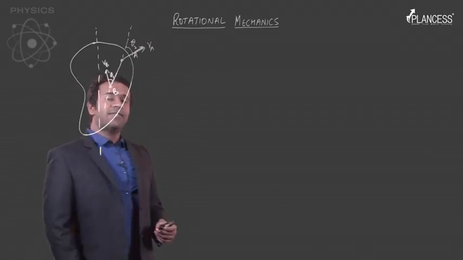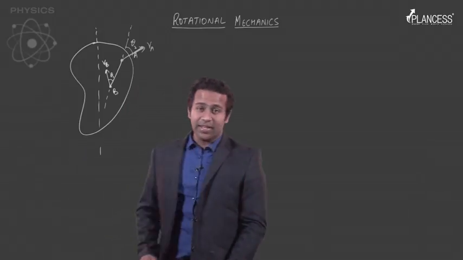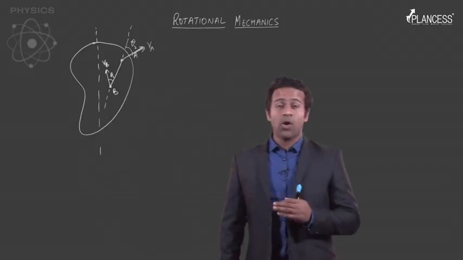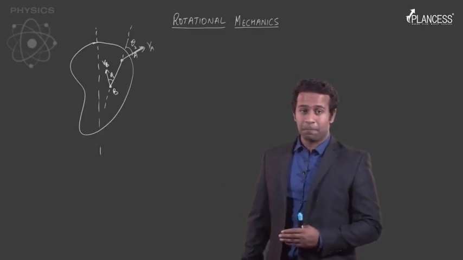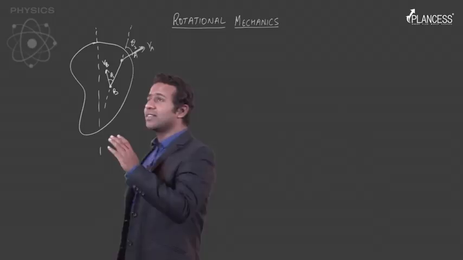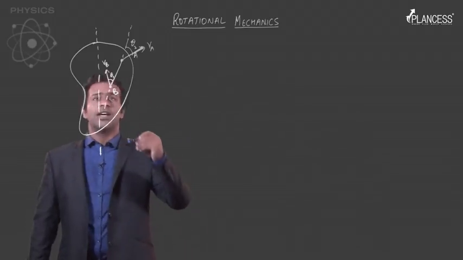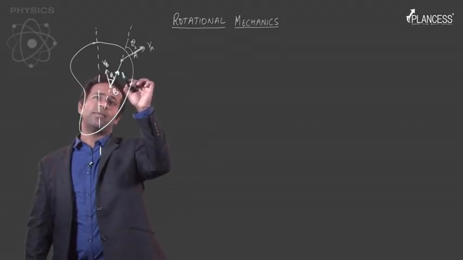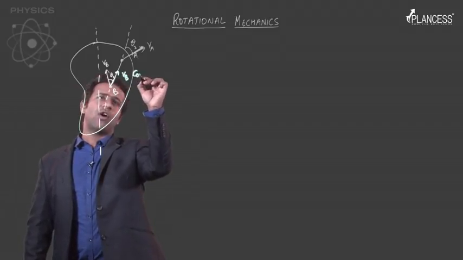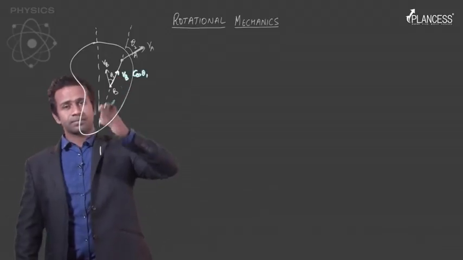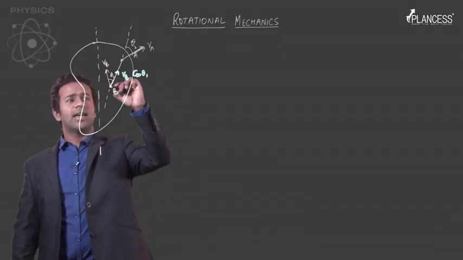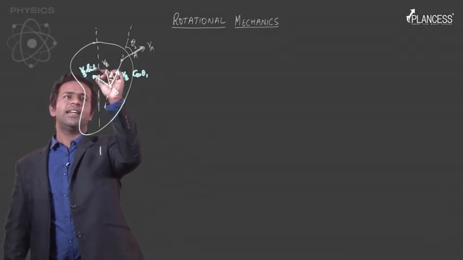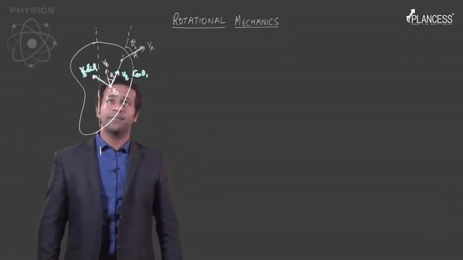Now, if the distance cannot change, then that means that with respect to A, B cannot move on this line AB. So let me first break these velocities into components. This VB can be broken into two components, one being VB cos theta 1, which is along this line, and then VB sine theta 1, which is perpendicular to this line.